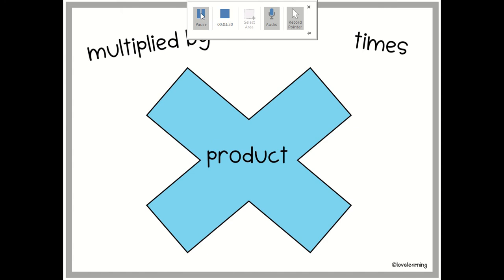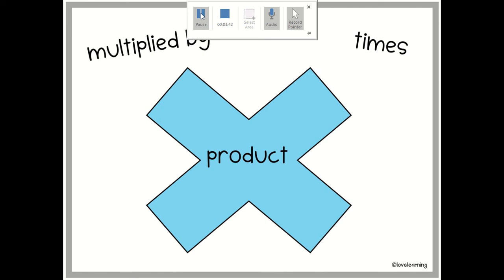Our next operation we're going to talk about is multiplication. Some words and phrases that can help us know when we are going to multiply are multiplied by, times, and product. So I could say something like 10 multiplied by 53, 43 times 13, and the product of 45 and 11.